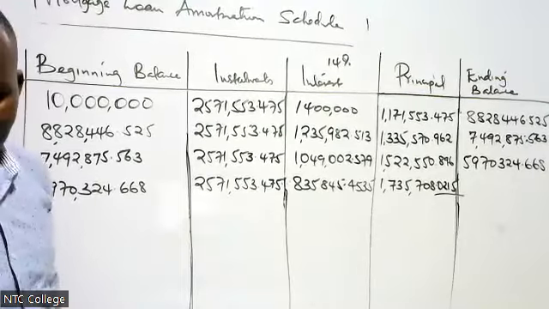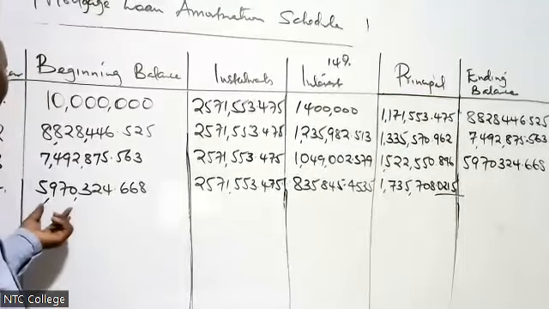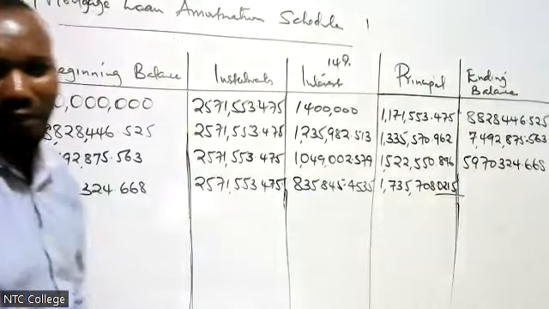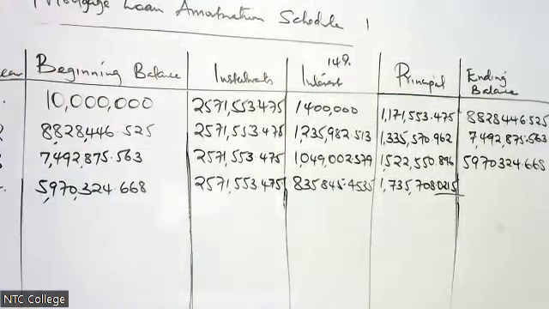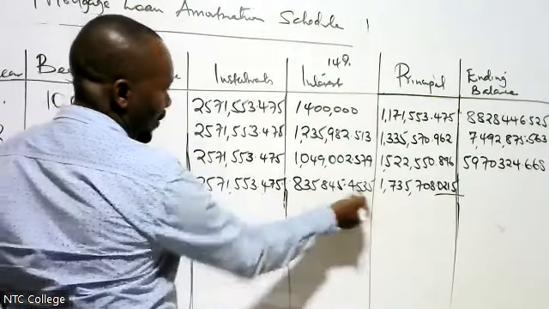Okay, so just move on. Hatuwezi kuhamia hapo. Just move on. Just tell me this one minus this. What are you getting? Achana rounding. Which kind of calculator are we using? That cannot just subtract this one from this.